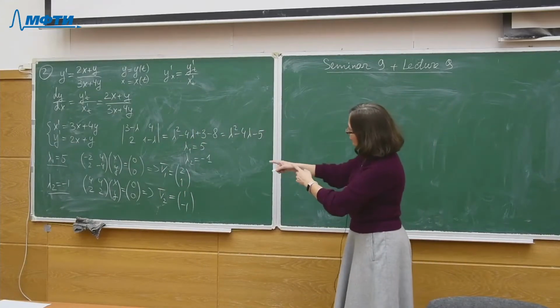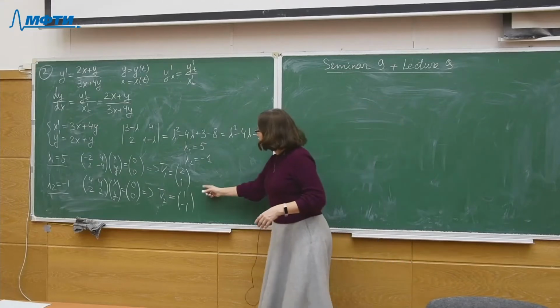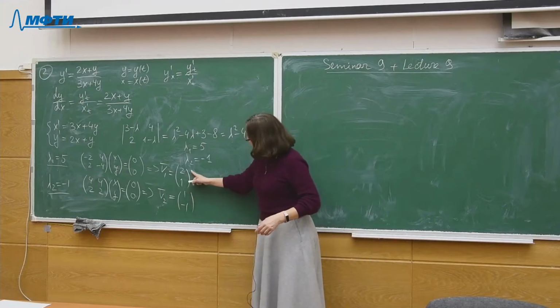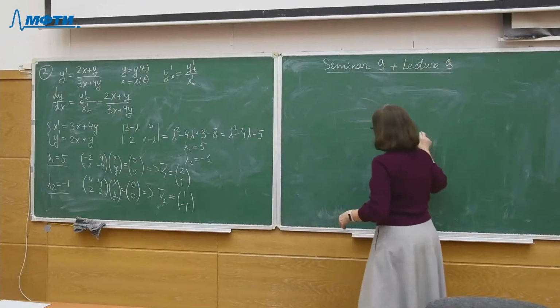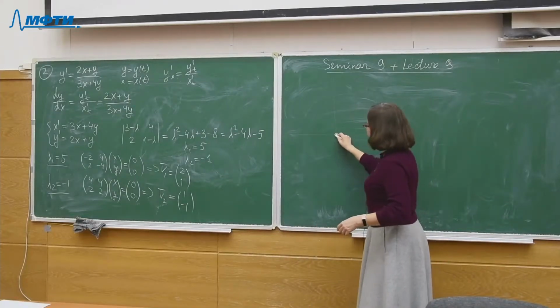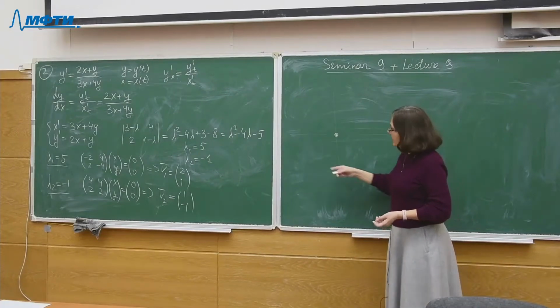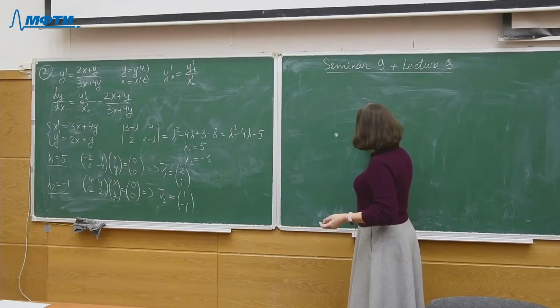Now we need to draw the lines through these eigenvectors. So the first line must go through the vector 2, 1. So these are axes. This is an equilibrium point, x equals 0 is an equilibrium point. Then the vector 2, 1 is this.